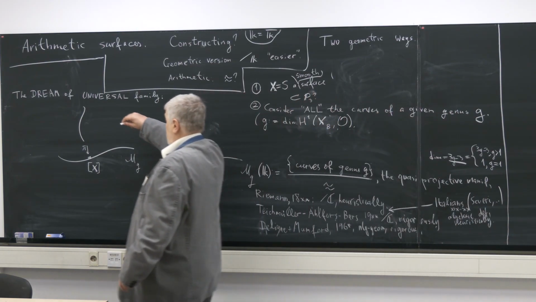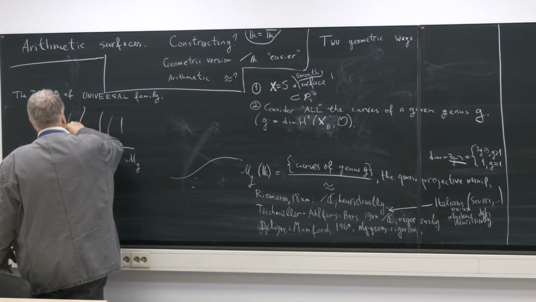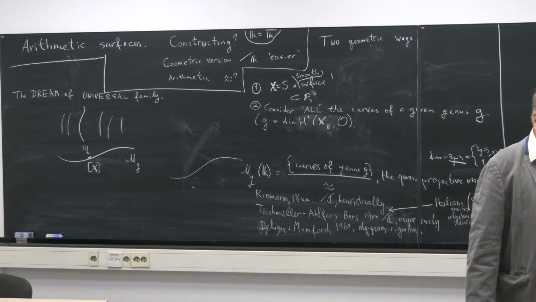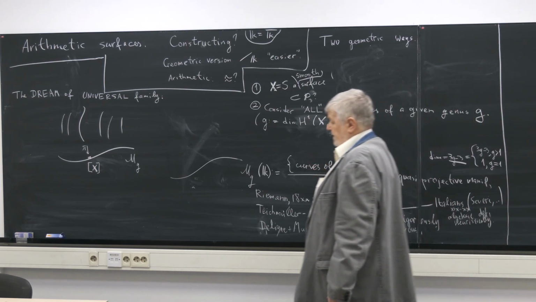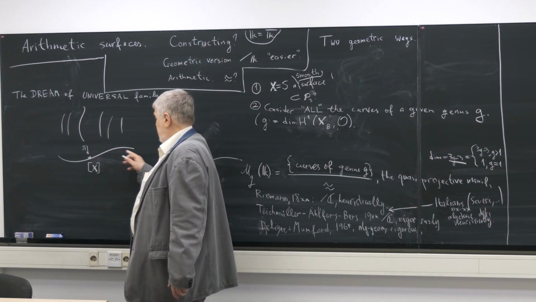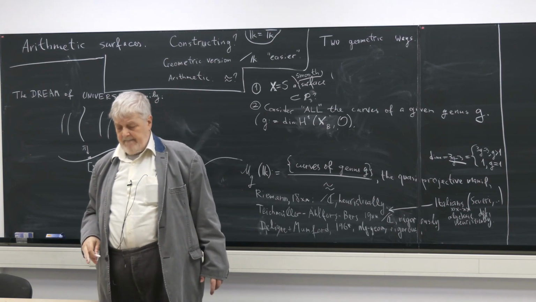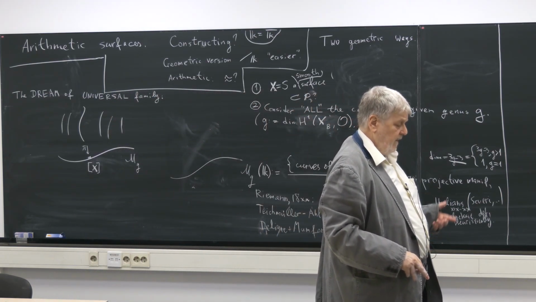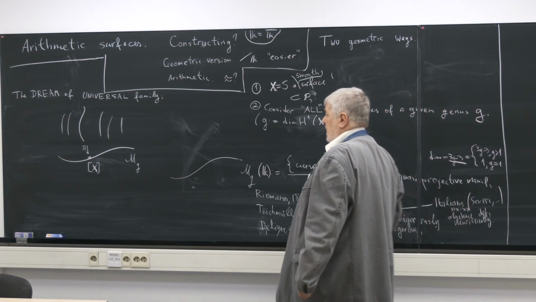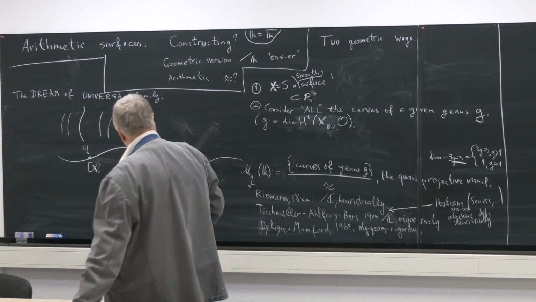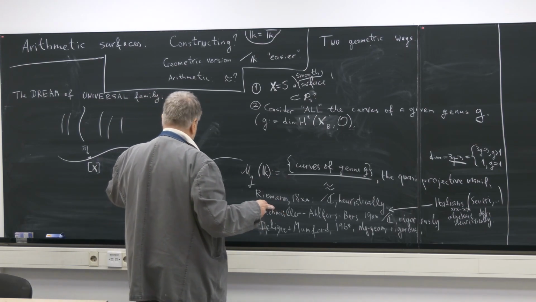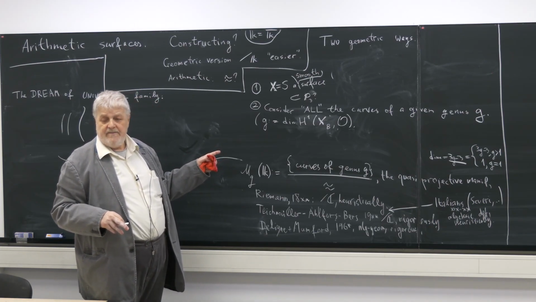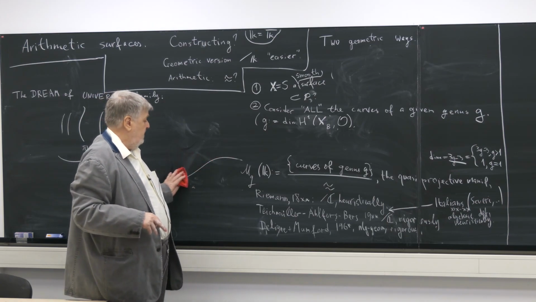Here it would be arbitrary, so it would be a nice object where all the curves of a fixed genus are collected together with the projection to the moduli space that associates to every curve its isomorphism class.